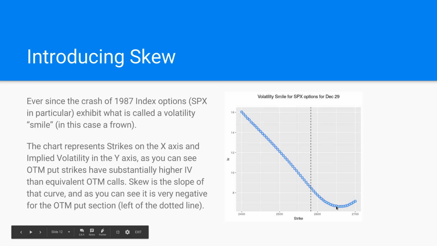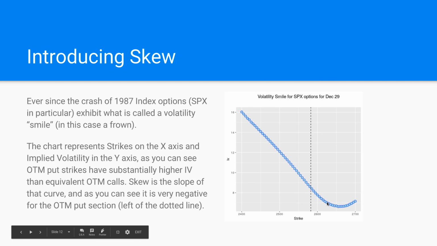And then it becomes zero, no skew, and then it switches sign. But it's too late, and when it switches sign it's really small. So skew changes depending on the region where you are. But in general, the skew is very negative on the left side, and it's very negative across most of the strikes that you will trade.